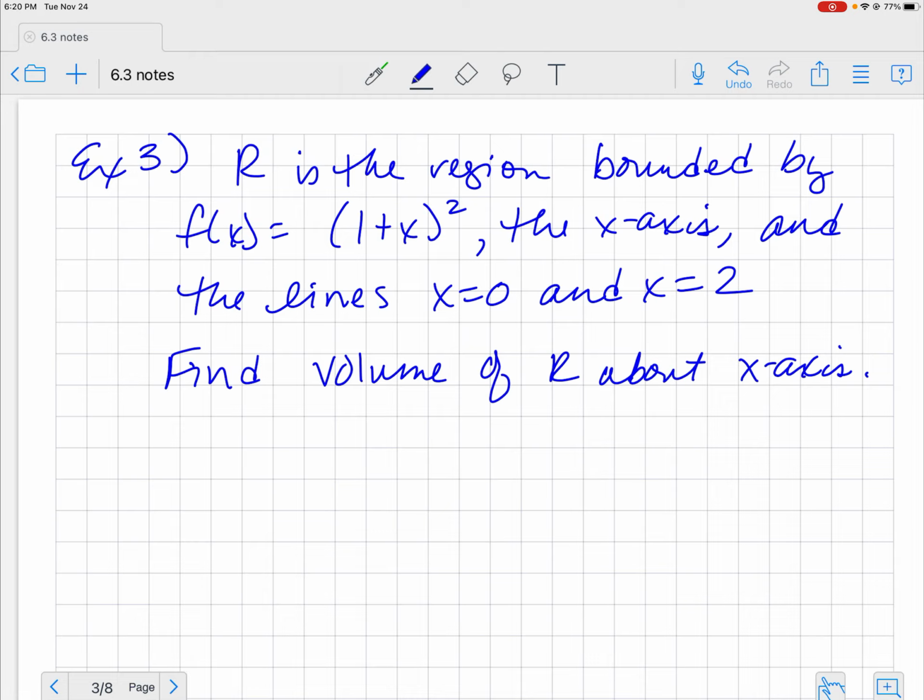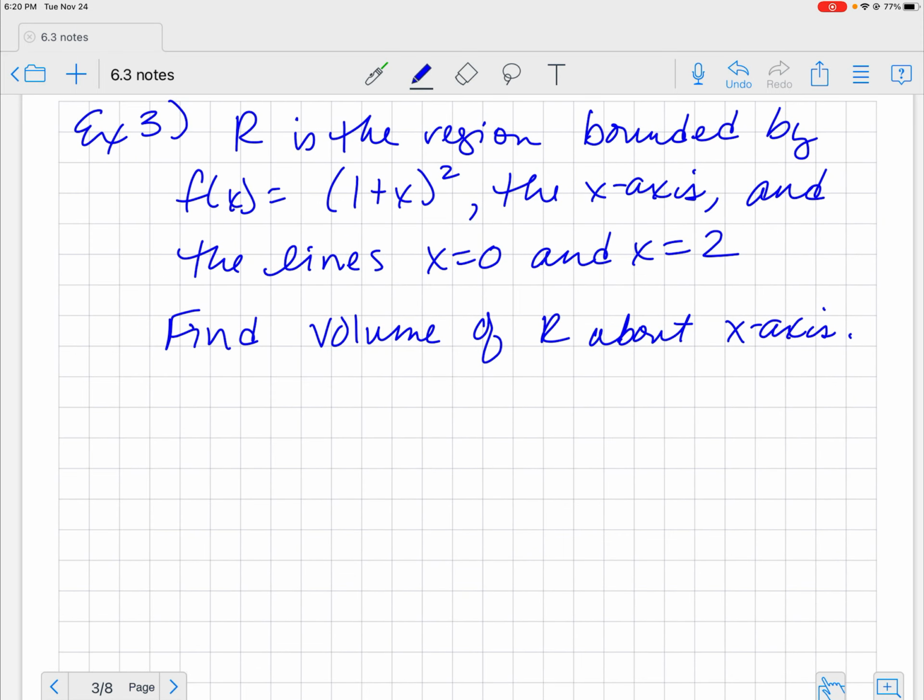All right? So, let's do this thing. I'm just going to wing this because I'm not going to try to make some specific little graph here. I know that I'm going from 0 up to 2, so I'm just going to make this a 2. My function is going to be 1 plus x, that quantity squared.